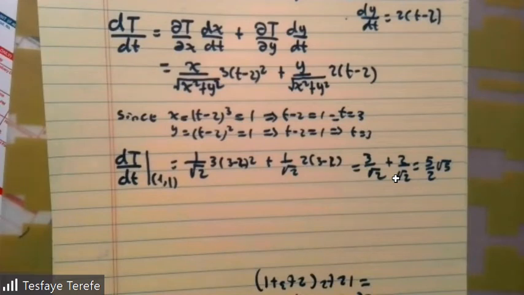And when you have a function of 3 variables also, you can use chain rule 1.